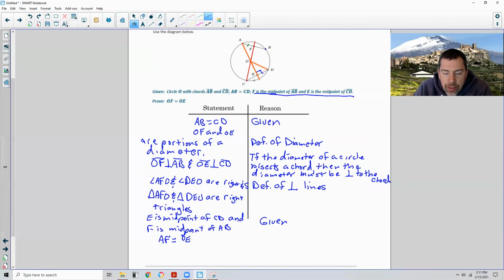So half of something that's equal to half of something else that's equal are equal. That's just the midpoint rule. AB equals CD and F and E are midpoints of AB and CD.